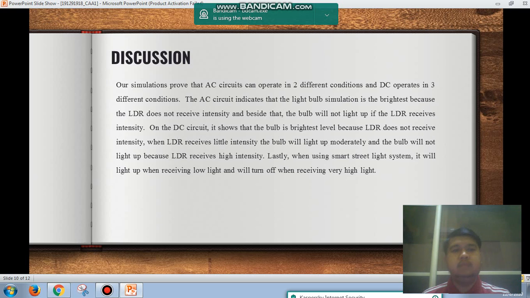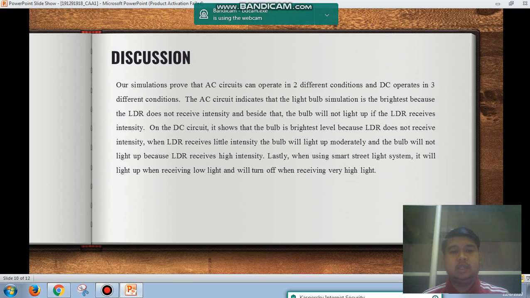Okay, discussion. Our simulation proved that AC circuits can operate in two different conditions, and DC operates in three different conditions. The AC circuit indicates that the light bulb is brightest because the LDR does not receive intensity, and besides that, the bulb will not light up if the LDR receives intensity.